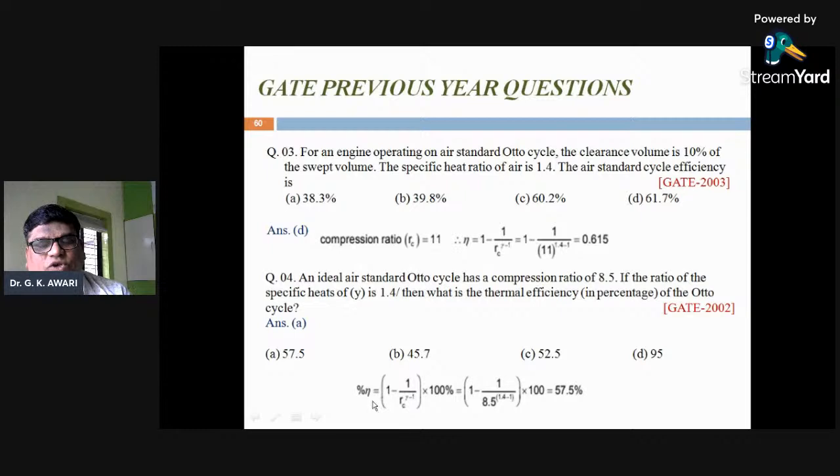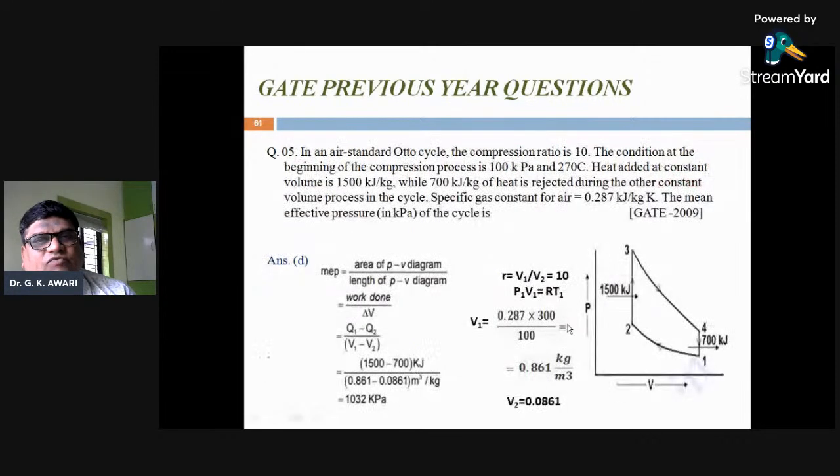So efficiency of the Otto cycle is equal to 1 minus 1 by rc to the power of gamma minus 1, into 100%, which is 1 minus 1 by 8.5 to the power of 1.4 minus 1, into 100, equal to 57.5%. So this is the fourth question.